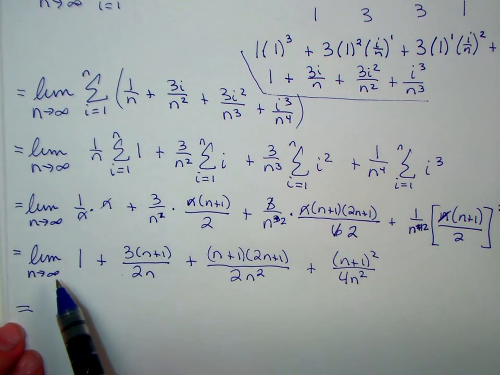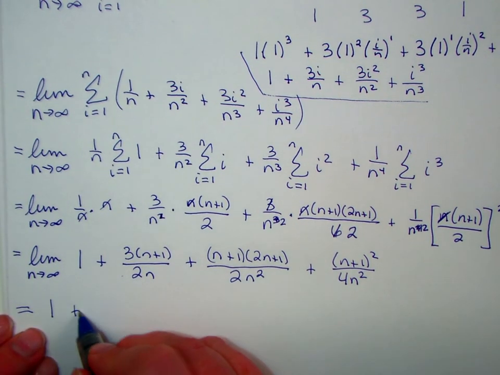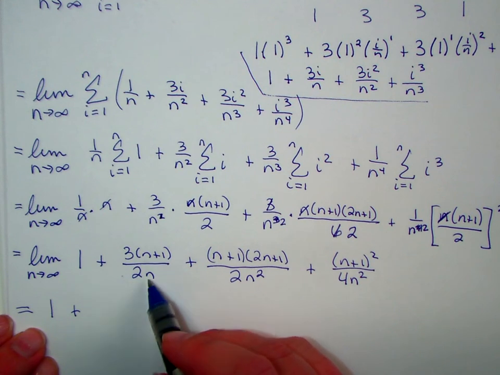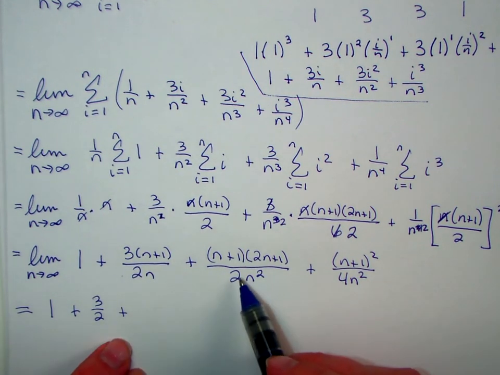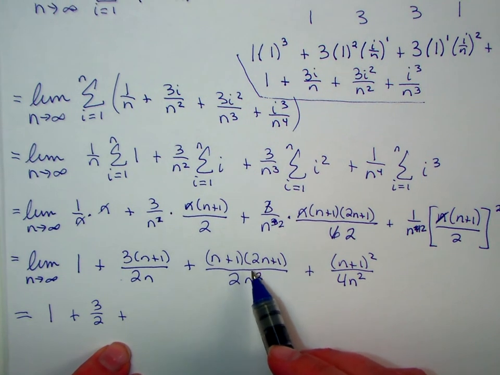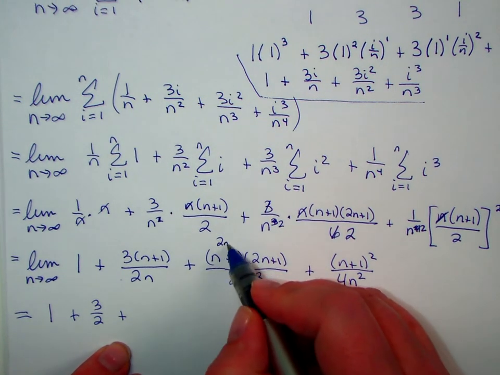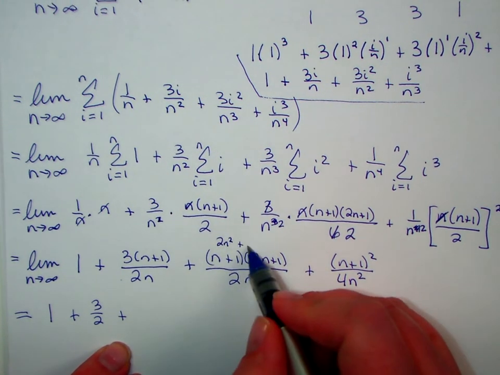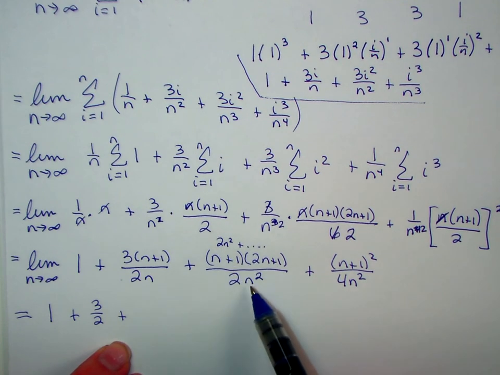I'm not going to write the limit because I'm evaluating it now. The limit of a constant is the constant, plus this limit here, the degrees match. So I'm going to get 3 over 2 plus, now this one's the tricky one. What would the leading coefficient be? If you were to multiply this out, you would get a 2n squared, plus blah, blah, blah. So I have a 2n squared up top, a 2n squared on the bottom.